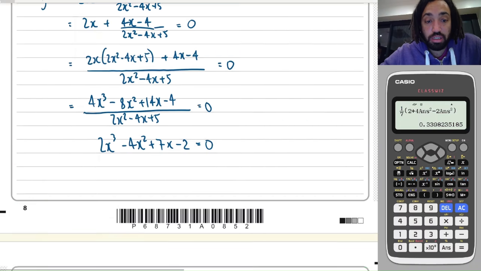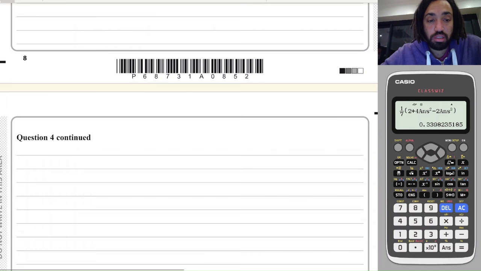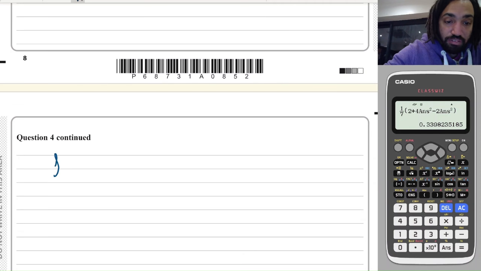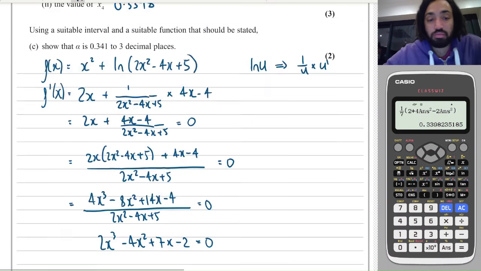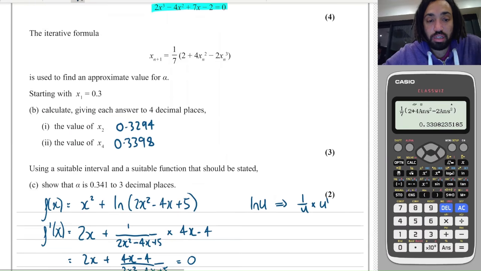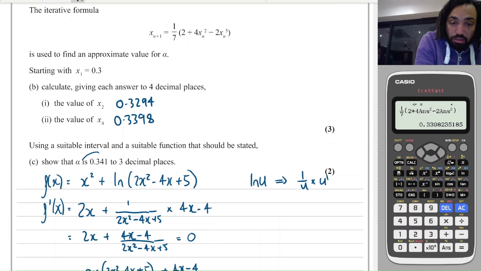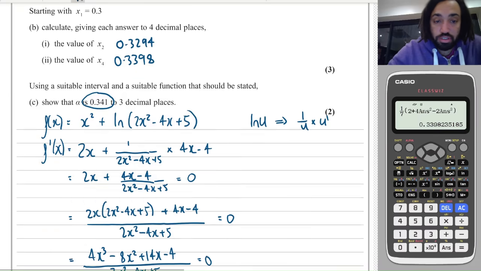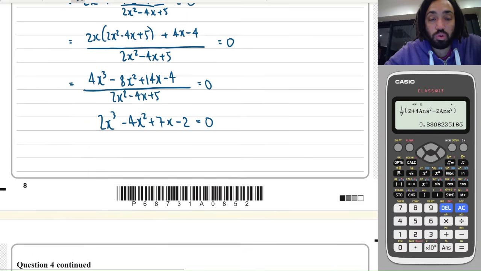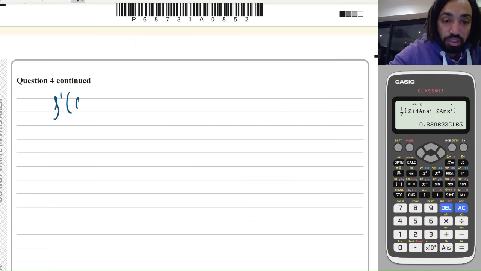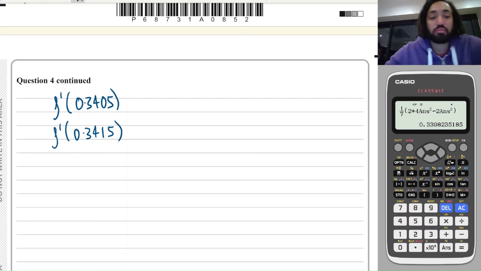So I'm going to sub into f dash of x a little bit below this, so 0.3405, and I'm going to sub in a little bit above that, which is 0.3415.